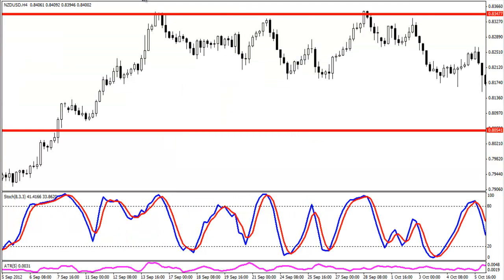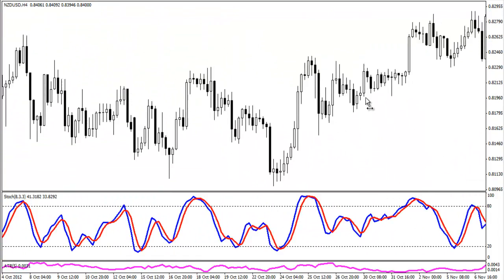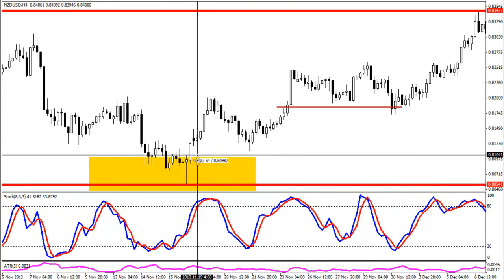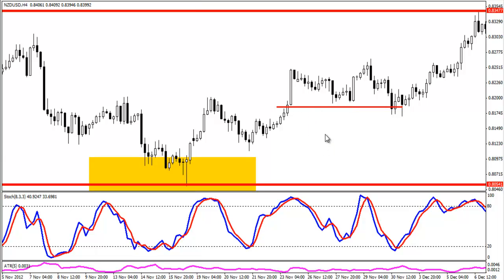However, jumping down to the smaller time frame, the 4-hourly chart, we now see that taking the trade with the 60 pip stop loss generated 80 pips of profit, which turned out to be a positive reward to risk trade.